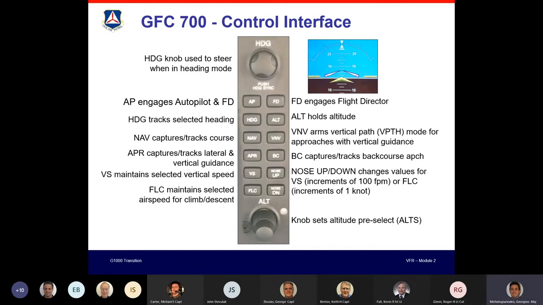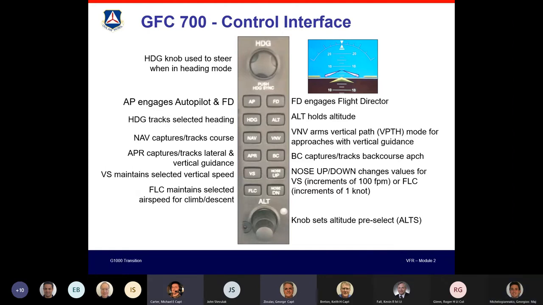Okay, I think everybody should know this if you've done all these trainings before. If we want to climb, do we use vertical speed or flight level change, and why? Flight level change to climb. Why? So you don't stall. How would you stall?